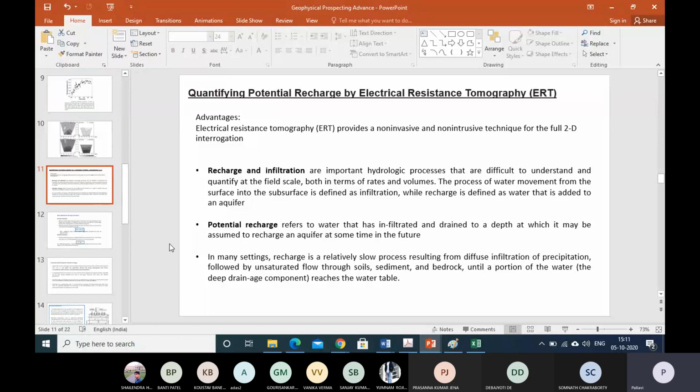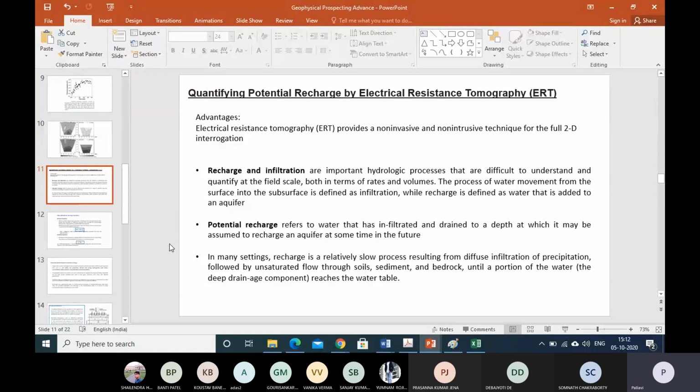But the problem is that when we take cores from the field, we are reducing the overburden pressure. We are collecting only a small portion of the soil, which means we are disturbing the field environment. It is not exactly the same situation.